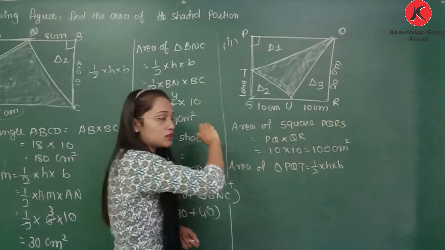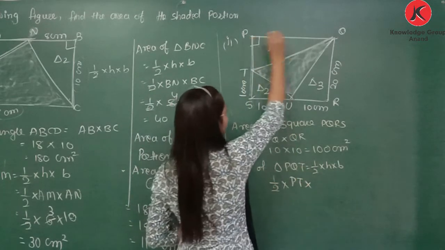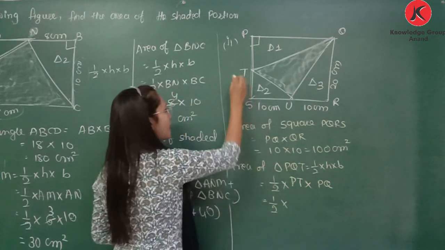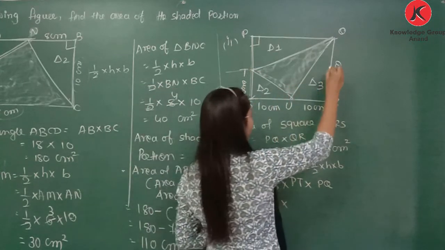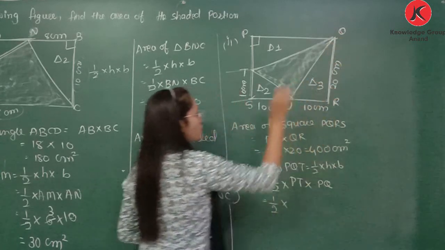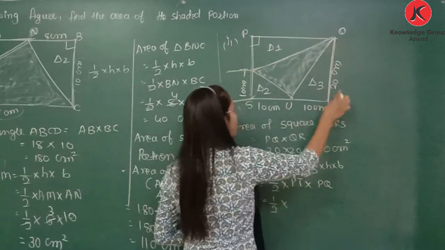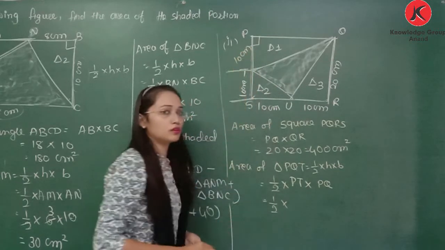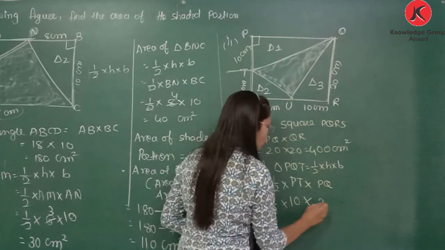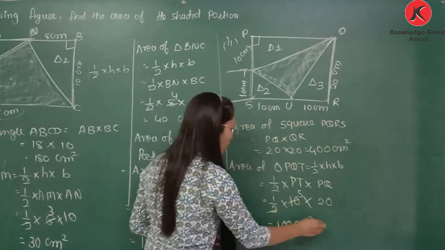Here this angle is a right angle, so PT will be height and PQ will be base. Here this length is 10 centimeter and this whole length is 20, so the remaining is also 10 centimeter. So PT is 10 and PQ is 20. So it is 100 centimeter square.